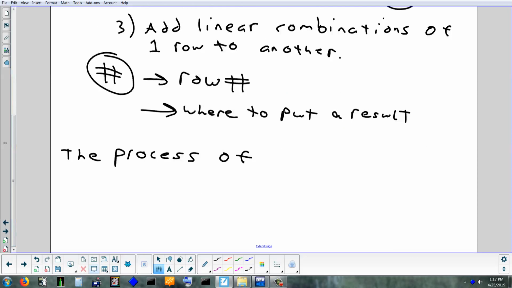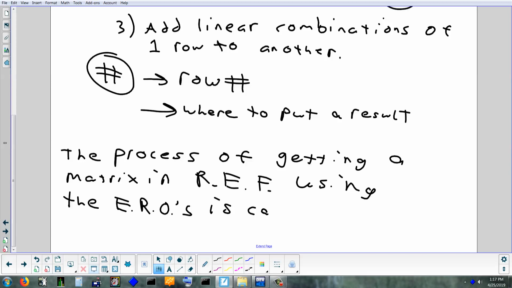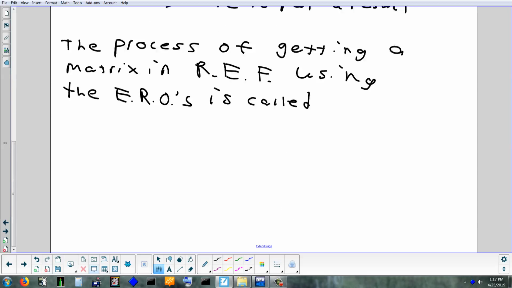The process of getting a matrix in row echelon form using the elementary row operations I just described is called Gaussian elimination.